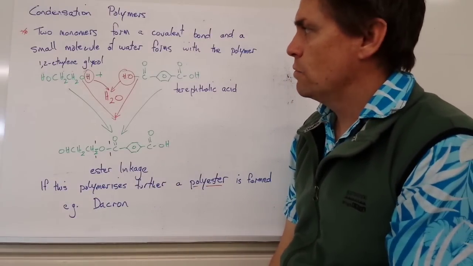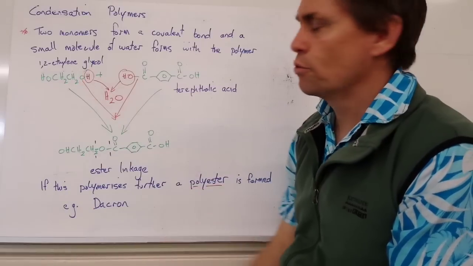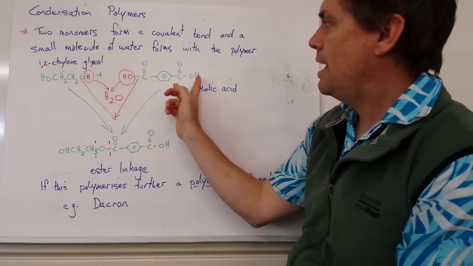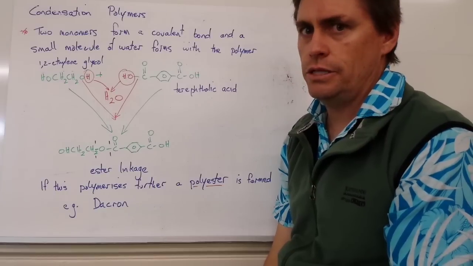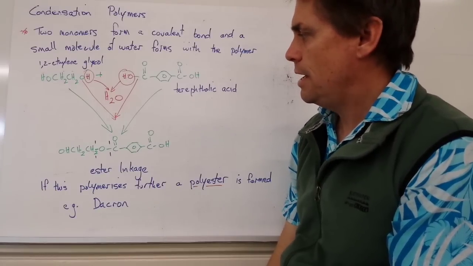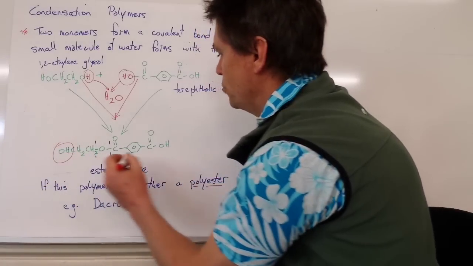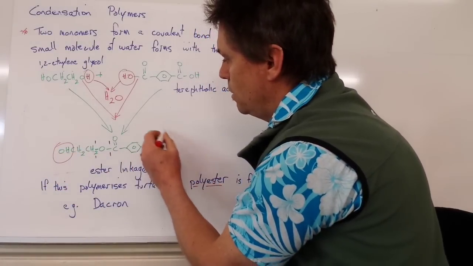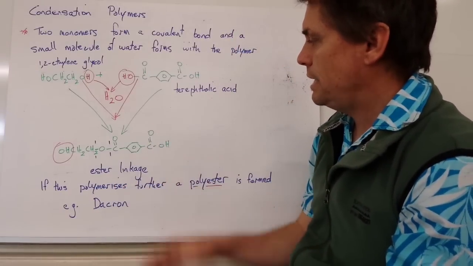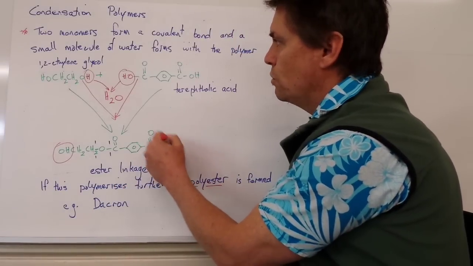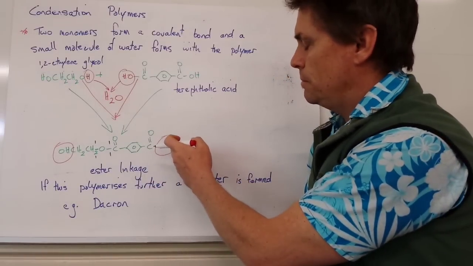Now, as I said before, it's important that we have a diol, or the same group on the left-hand side and on the right-hand side, so it allows us to continue this polymerization reaction. If this reaction keeps going, this OH group could interact with another one of these molecules and the process continues, or at this end, this particular group could interact with another glycol molecule to keep the polymer growing.